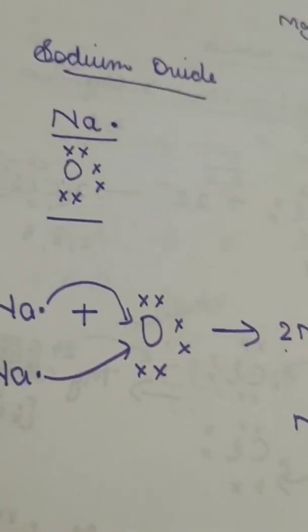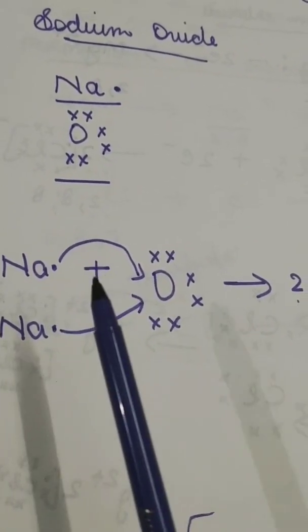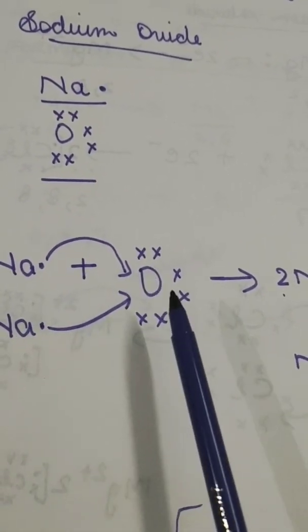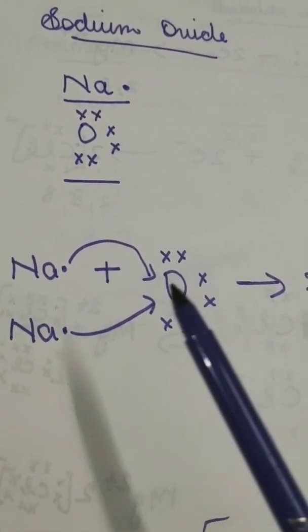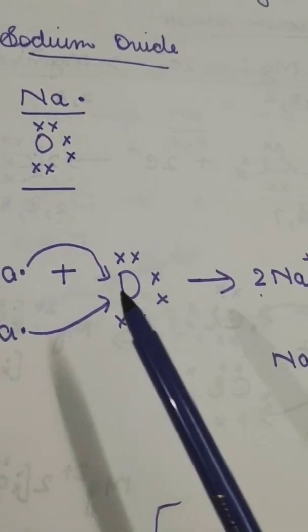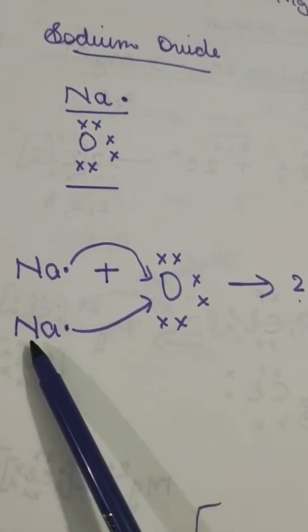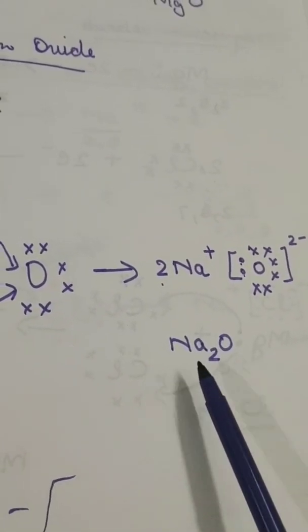But in the case of sodium oxide, there is only 1 electron in 1 sodium atom, but oxygen needs 2 electrons. So 2 sodium atoms will combine to give 2 electrons, 1 from this sodium and 1 from this sodium, so that it will also become stable, and these also become stable, so it will form a new compound called sodium oxide, which is Na2O.